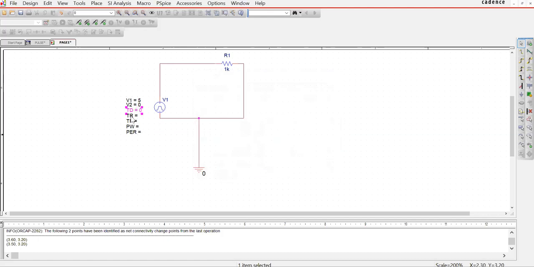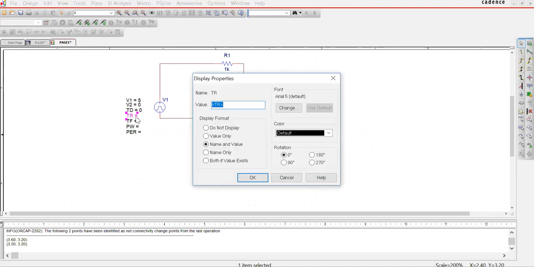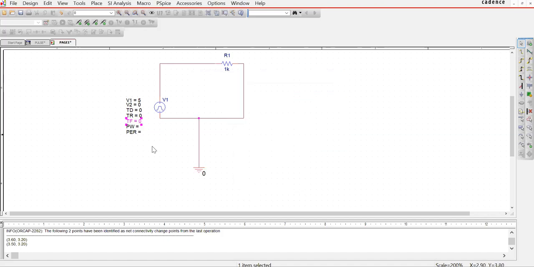Now, rise time is the time required to rise from 0 to the highest amplitude, that is from 0 to V1, and also from V2 to V1 and so on. For simplicity, let's make rise time 0, and fall time, similarly the time to fall from highest to lowest, V2, also 0.